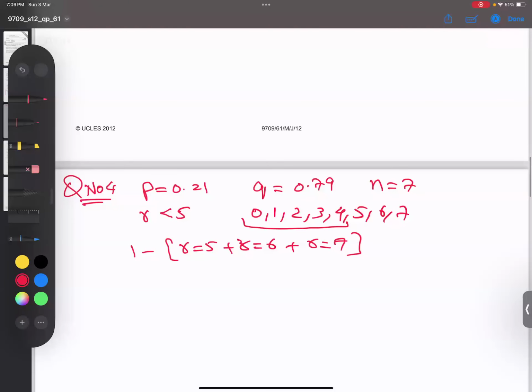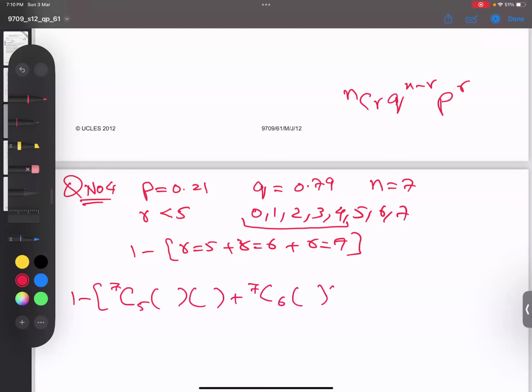Let's apply the formula: 1 minus, and the formula, you know, nCr, Q to power n minus r, p to power r. So I'm applying 7C5 in brackets, 7C6 in brackets, 7C7 in brackets.